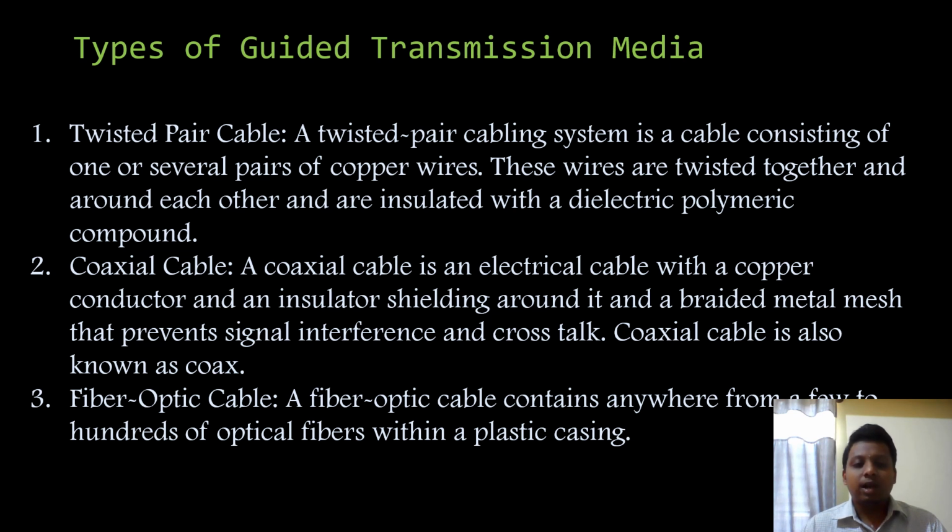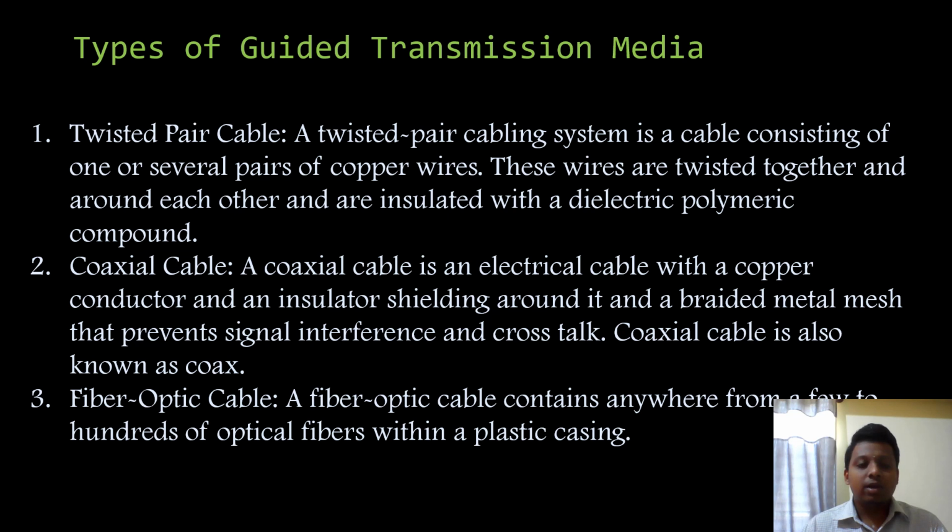Now let us look into the second one, that is coaxial cable. Coaxial cable is an electrical cable with a copper conductor and an insulator shield around it and a barrier of metallic mesh that prevents signal interference and crosstalk. Coaxial cable is also known as coax. Now the third one is fiber optic cable. A fiber optic cable contains anywhere from a few to hundreds of optical fibers within a plastic casing.